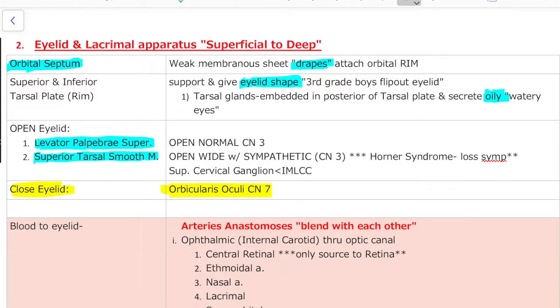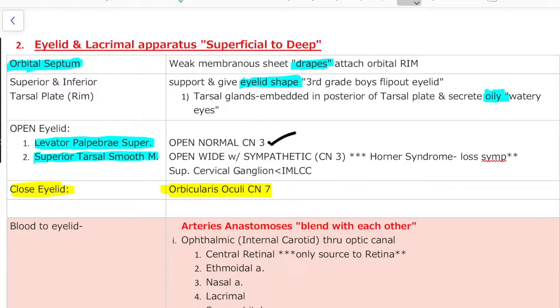So going back to opening the eyelid, the levator palpebrae superioris is innervated by cranial nerve 3, and that just does normal opening of the eye, whereas the smooth muscle is innervated by the sympathetics, also via cranial nerve 3, but with a different innervation, and that causes a sympathetic response, such as opening the eye super wide, with the help of levator palpebrae superioris.